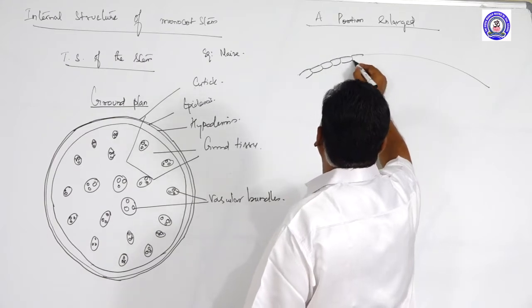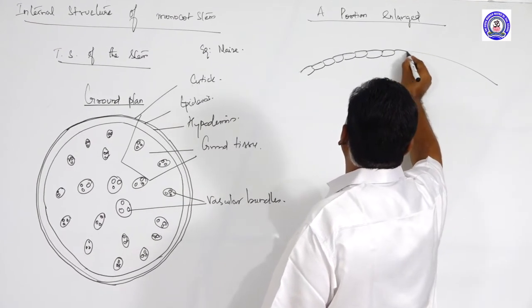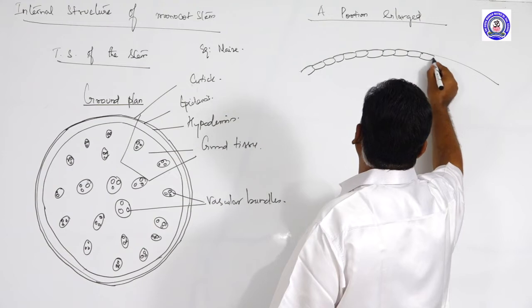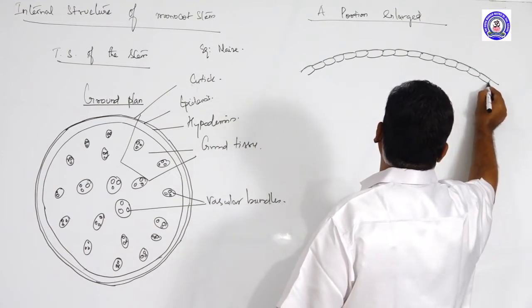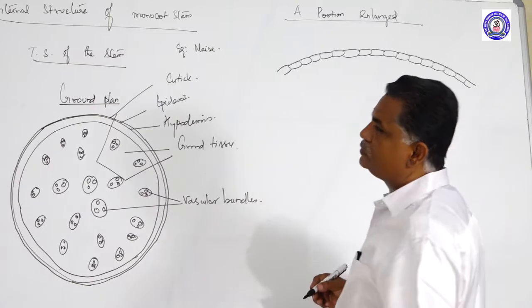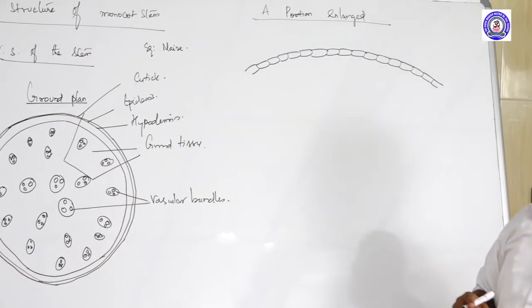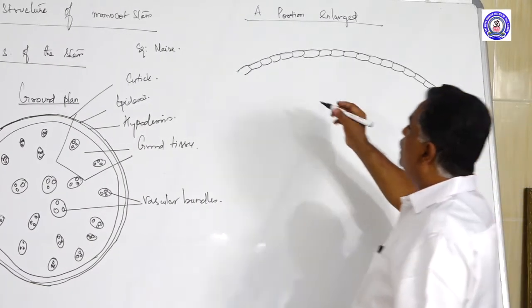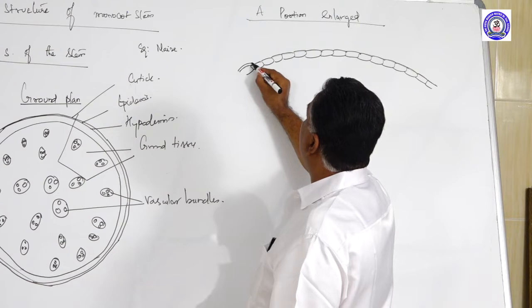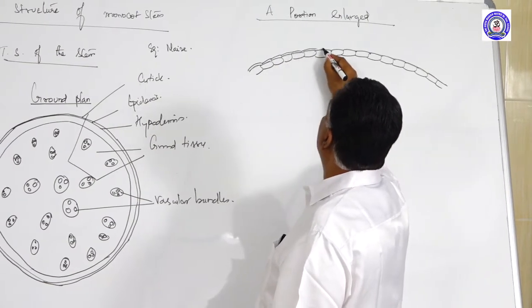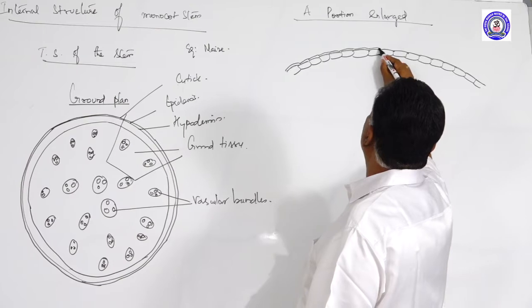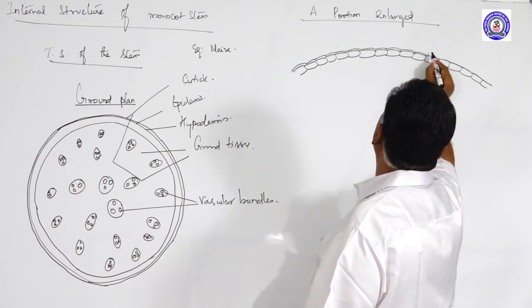Epidermis is made up of a single layer of parenchyma cells, and when you compare the number of stomata with that of the dicot stem, here the number of stomata is lesser, and it is covered by a thick cuticle. In monocot, the cuticle is thick; in dicot, the cuticle is thin.